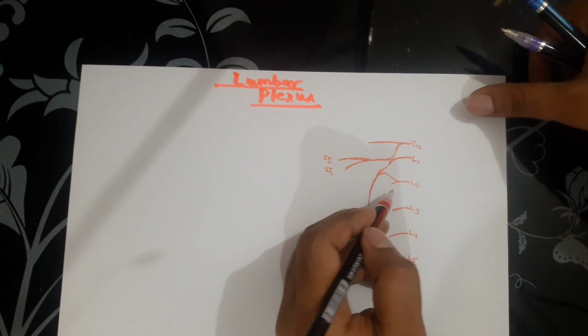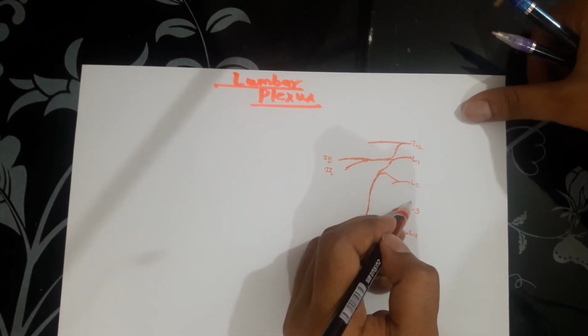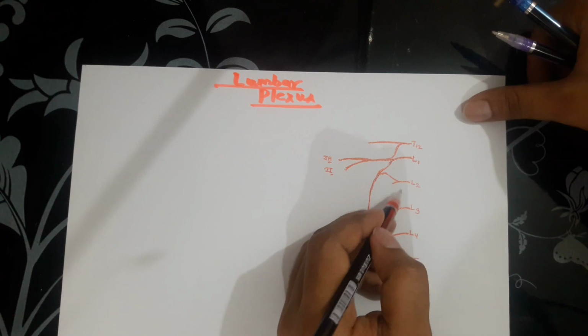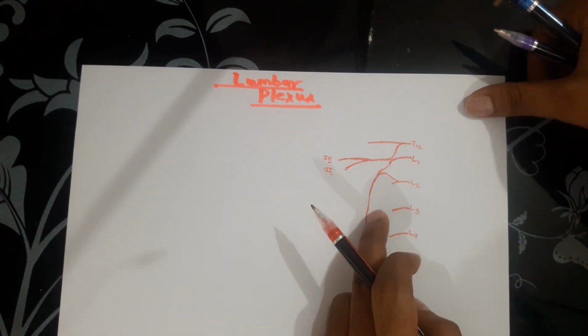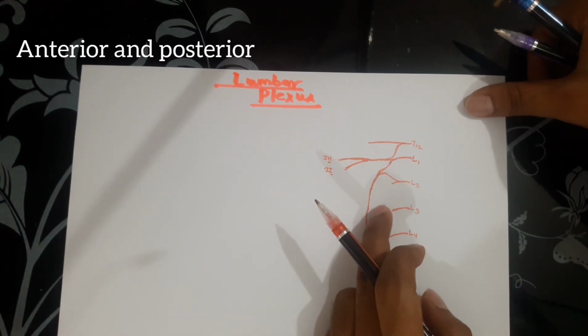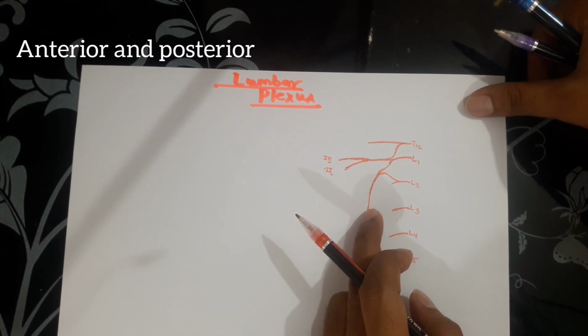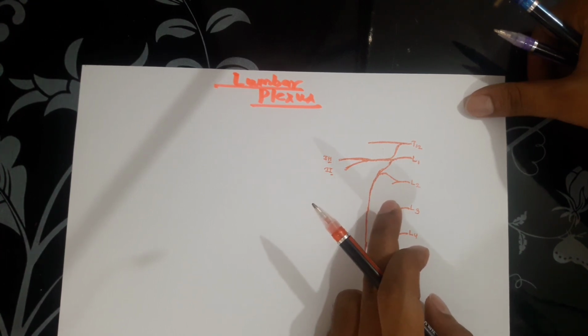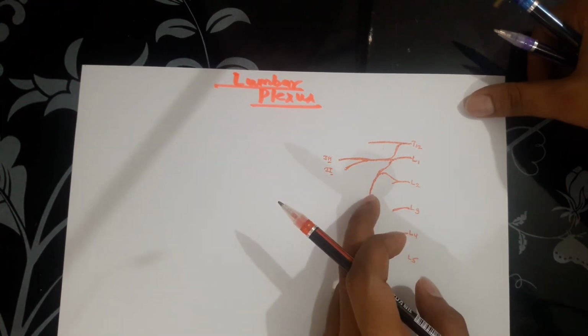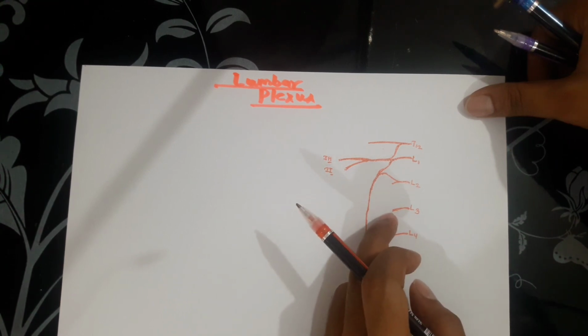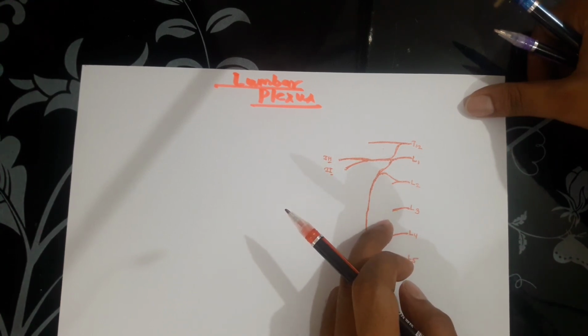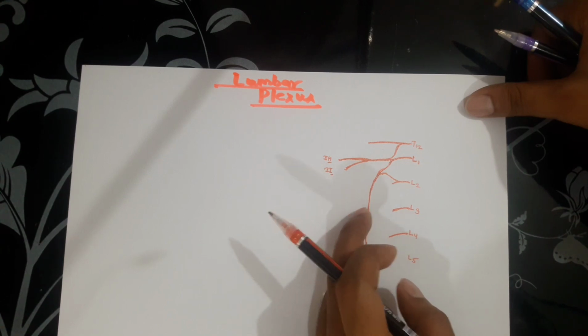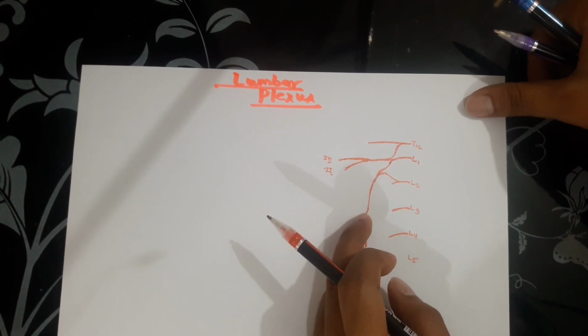And then here we can see L2, L3 and L4 are divided into two divisions, the anterior and posterior divisions. First of all I will draw the posterior division of L2, L3 and L4, from which two main branches of the lumbar plexus originate.